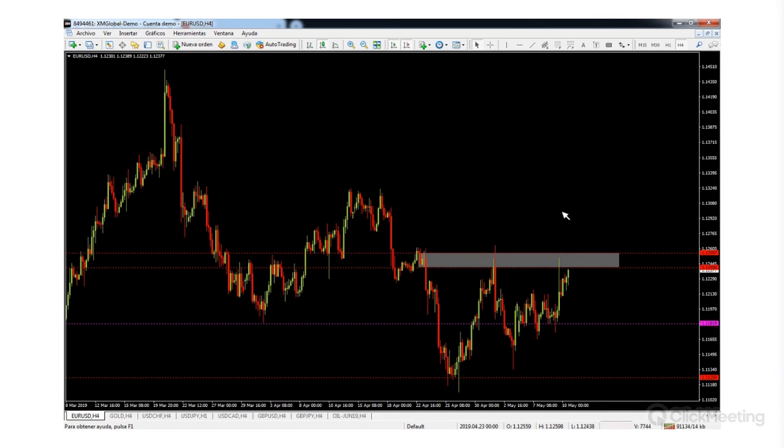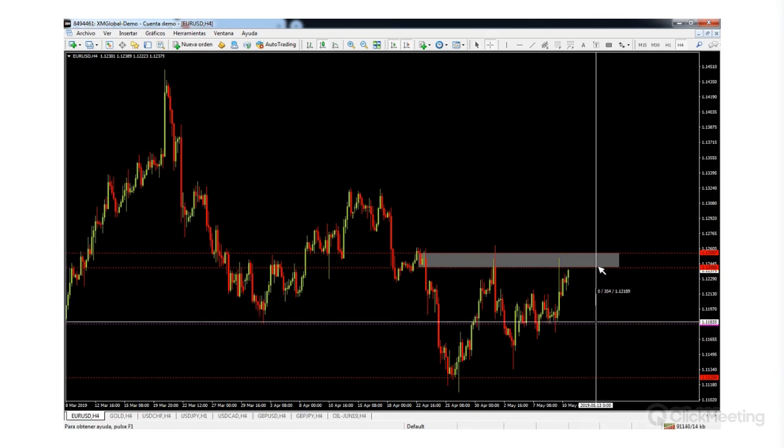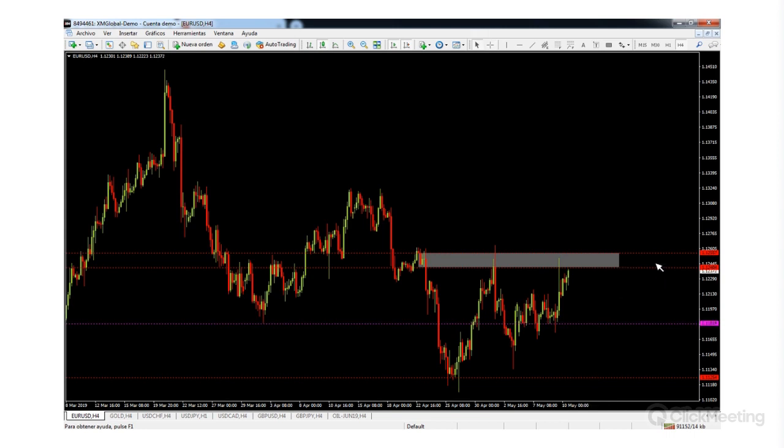We have been testing this level, but again, it's so tiny. It's just a 58 pip range between the top of the range and the middle of the range, which is the 1180 level, or the purple line.